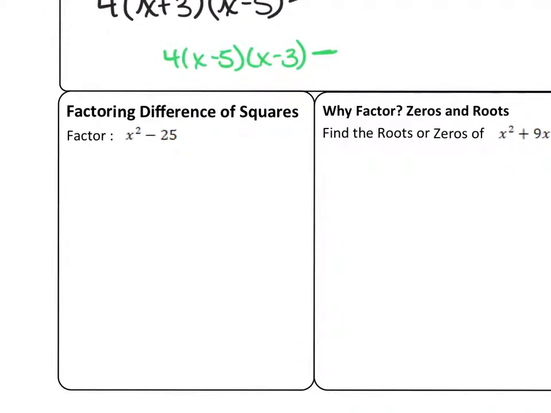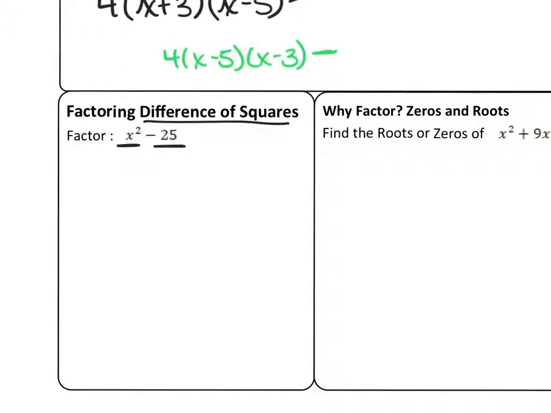Okay, moving on, there's a different case for multiplying something that's called the difference of squares. Now the difference of squares just means that when you look at it, you have a squared value here. X squared is x times x, and you also have a value here, 25, which is 5 times 5.